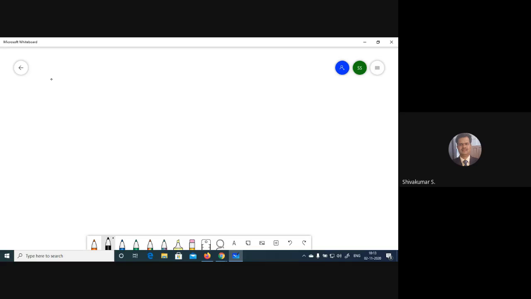Okay, see here, just check the total time required. For job 1, it is 1 plus 2, 3, plus 3, 6, plus 5, 11, plus 1, 12. Whereas for job 2, the total time taken is 4 plus 3, 7, 9, 10, 15. So you draw a graph of 15 each.